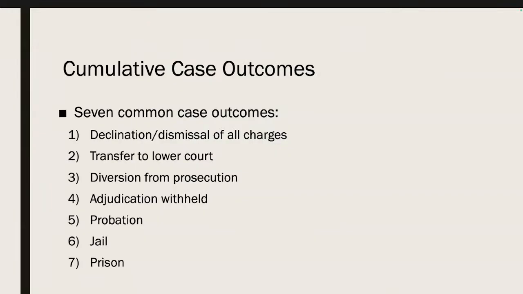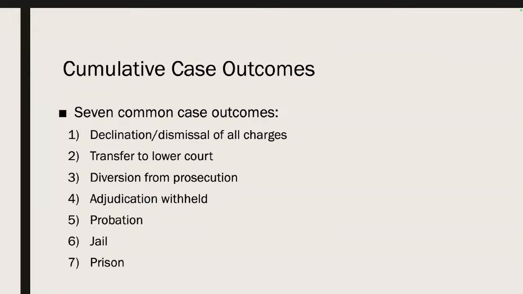Okay, so putting this all together, what this means is there are 7 case outcomes that are common for felony cases. The first case outcome, and in many ways the least punitive, is for the case to be declined altogether. All charges dismissed, case does not go forward. Second, your case can be diverted to a lower court, misdemeanor court, which rarely hands out jail sentences, particularly long jail sentences.